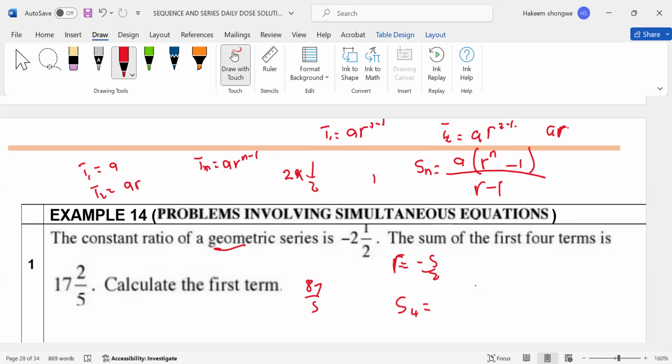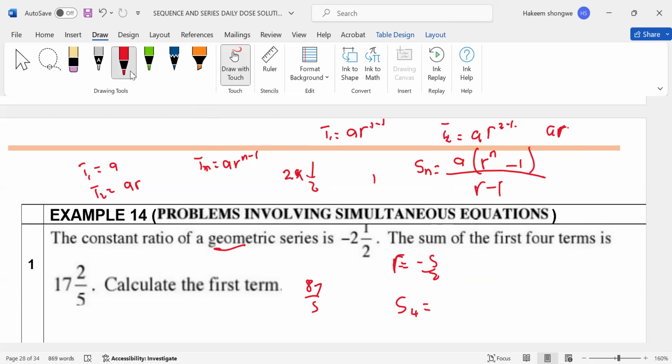We expect T3 to be AR squared. And then what is going to be T4? It's going to be AR cubed. So you can also do it that way, but let's do it the simplest way. The simplest way will be for us to use S4.